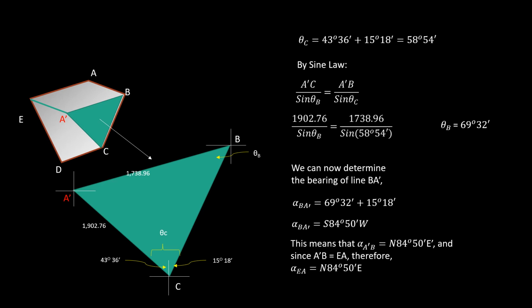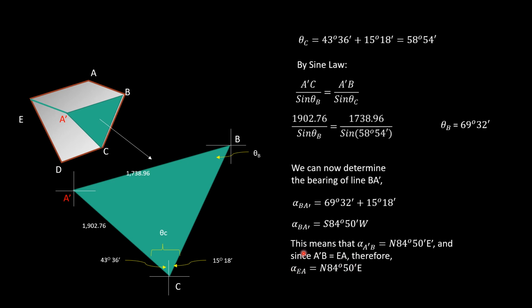So the bearing of BA prime is southwest, so the bearing of A prime B is northeast. And since the line A prime B is the same as the line EA, the bearing of line EA is also north 84 degrees 50 minutes east. So that partially solves our problem.